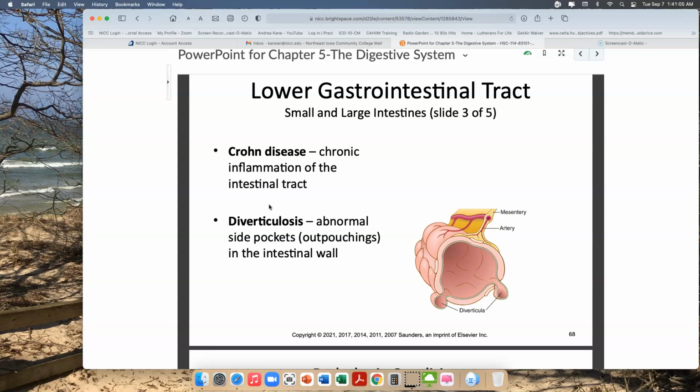It can be controlled sometimes through medication and diet, but not always. Diverticulosis is abnormal outpouchings, however you want to pronounce that, abnormal side pockets that develop in the intestinal wall. And you can see down here what that would be like, where these little pockets kind of end up on the sides.